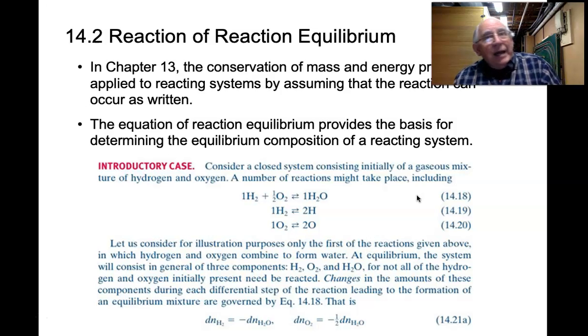Now, the atom balance still has to hold, in that the total number of hydrogen atoms has to balance from the left side to the right side. Likewise, the total number of oxygen atoms has to balance from the left side to the right side. But now we have too many unknowns.